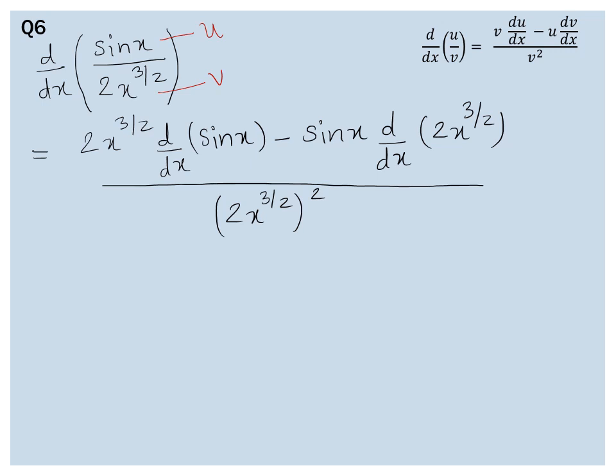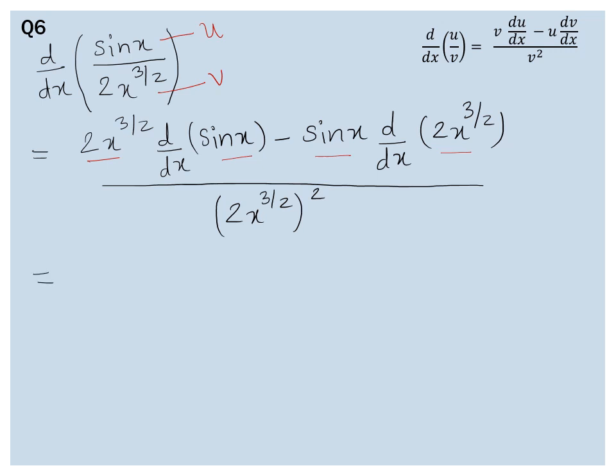So here v is 2 into x to the power 3 by 2. So v into derivative of sin x, that is u, minus u, that is sin x, into derivative of 2 into x to the power 3 by 2, that is v, upon 2x to the power 3 by 2 whole square, that is v square.